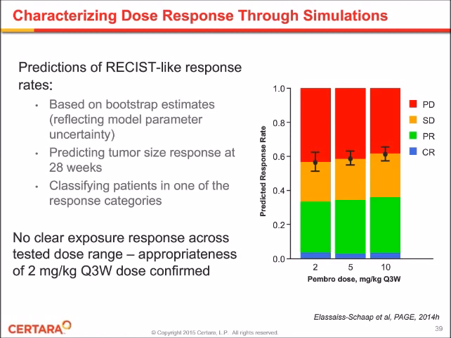As you can see, there is maybe a slight hint to less progressive disease with increasing dose, but it all falls within the margins of error. And this essentially confirmed the appropriateness of the lowest dose tested in the program, 2 milligrams per kilogram, as the therapeutic dose for pembrolizumab.